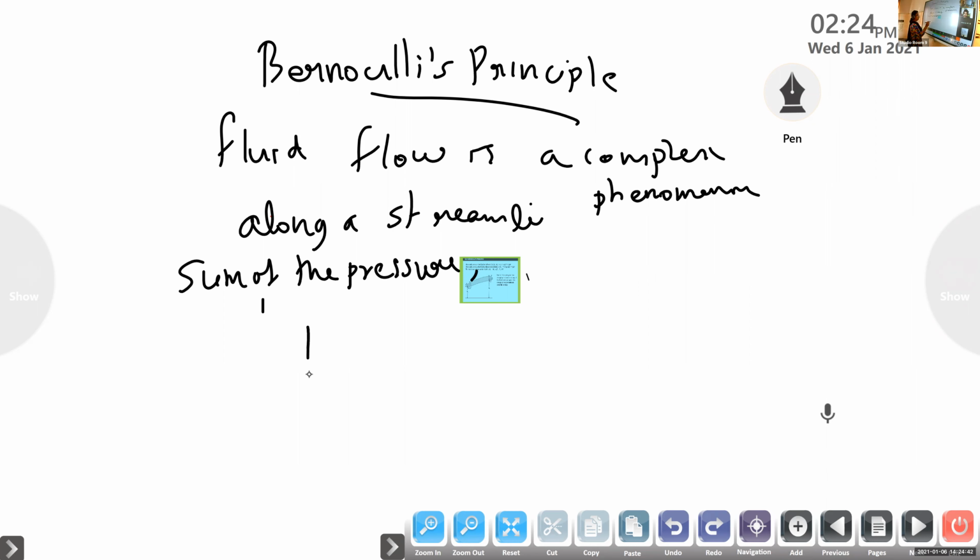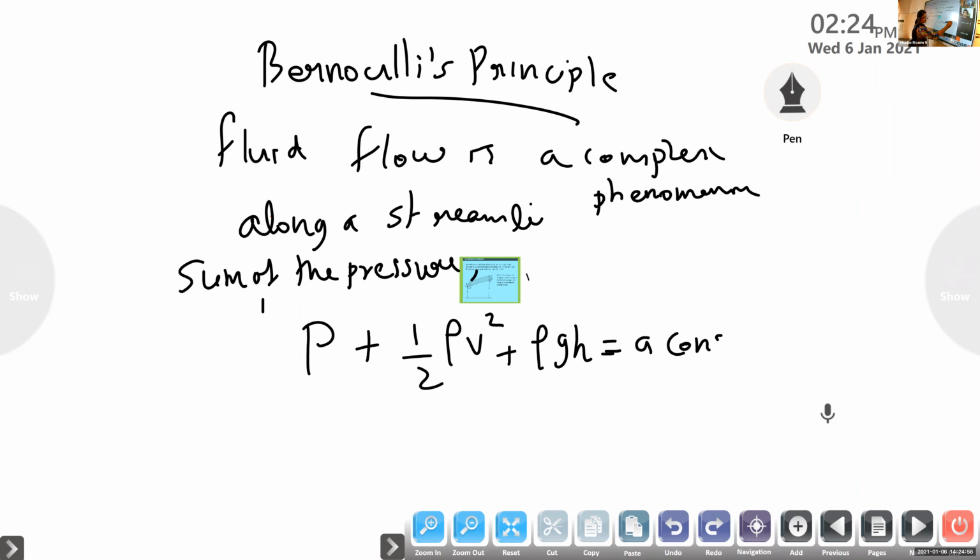That is what we have learned only. P plus half rho V square plus rho g h is equal to a constant.